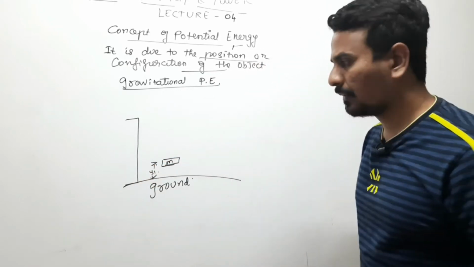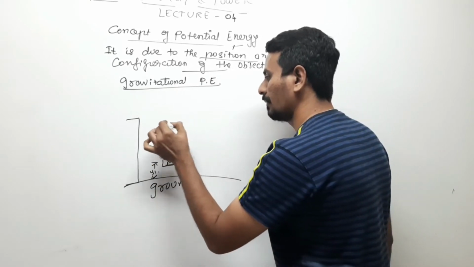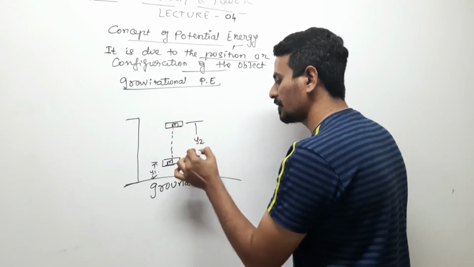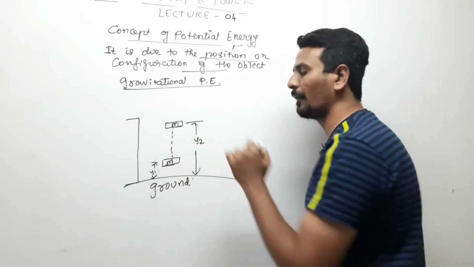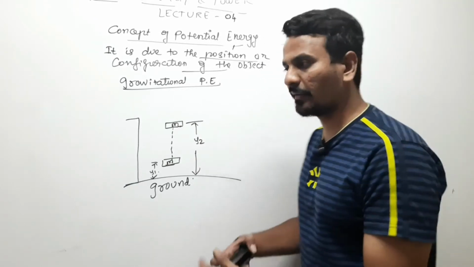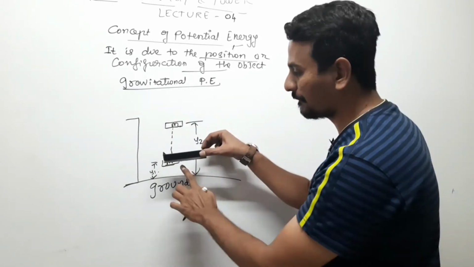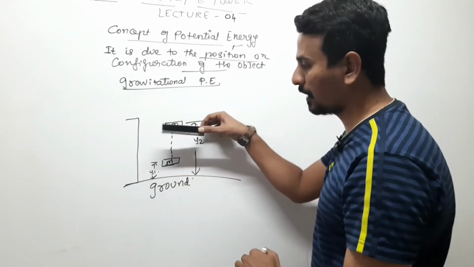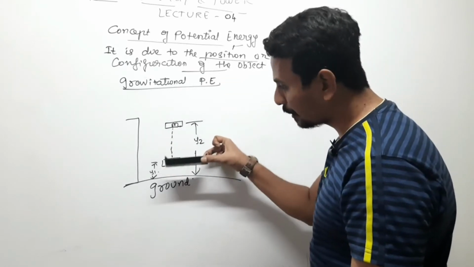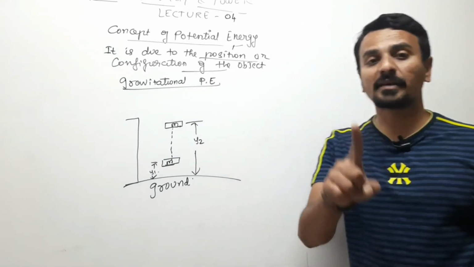Now you wish to take this body to a height y2. In order to take this body from height y1 to y2, some work has to be done against gravity, because gravity will not allow you to take it upward. If you leave it, it will go down, it will not go up. So to take it to a higher position, some work has to be done against gravity.